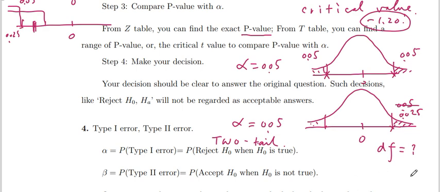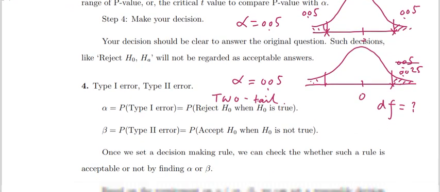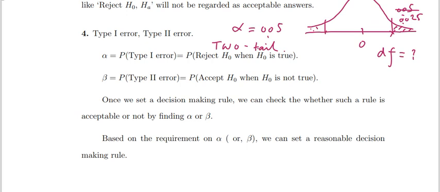Okay. So for testing, to make our decision, once we have a cut point, we can make a decision. But then there is a problem: once we use this decision-making rule, how much chance do we have of making a mistake? Here we have 2 kinds of mistake, type 1 and type 2 error.